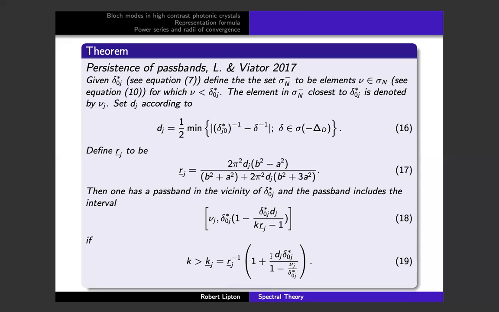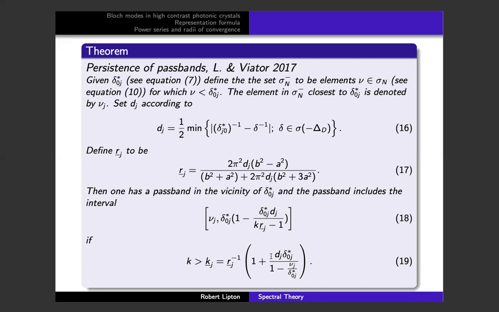Then we also have the pass bands, again replacing epsilon with now 18, which would be, instead of delta asterisk minus epsilon, delta asterisk minus delta asterisk times square root dj divided by kr, and we will have a pass band.